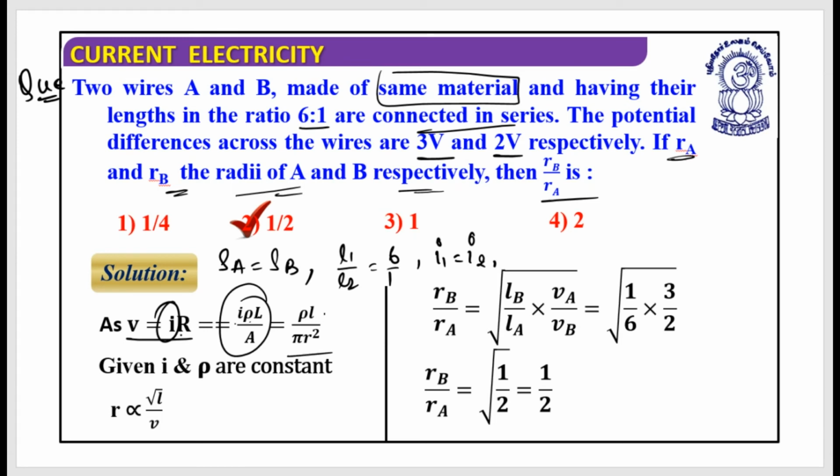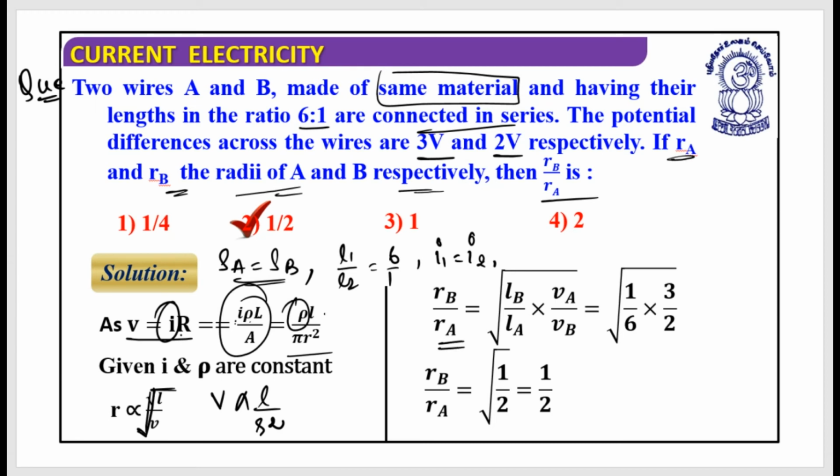So I remains the same, and the material is the same, that means the resistivity is the same. So V is directly proportional to L by R square, or from here R is directly proportional to the square root of L by V. Is it clear? Yes. So let's put in the values.